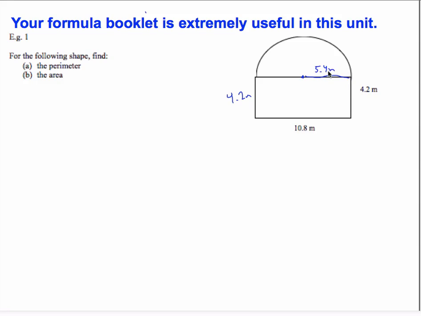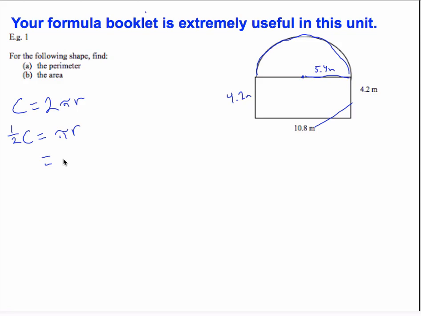Okay, now we have all the information we need to find the perimeter. First, we have these three distances. We need to find this distance here around the circle, which is half the circumference. The circumference of a circle is 2 pi times the radius, so half the circumference is pi times the radius.